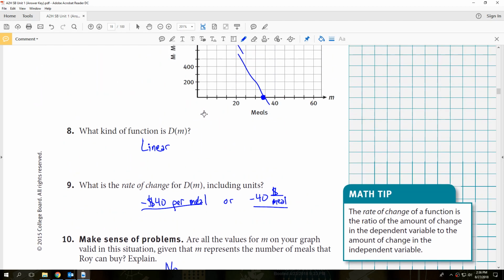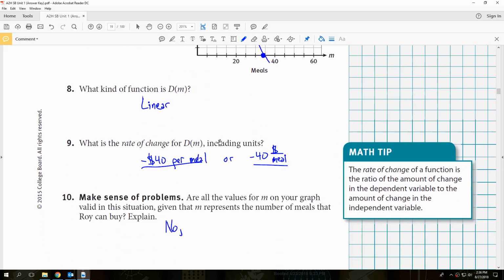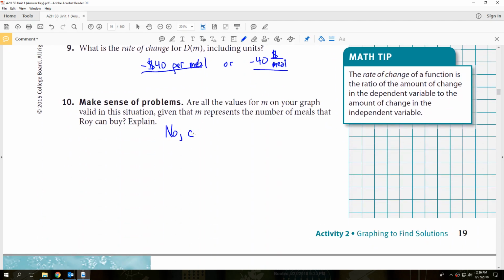If I look up here, technically this is a line, it goes on forever. We haven't really listed any constraints. But anyway, you couldn't have negative meals.